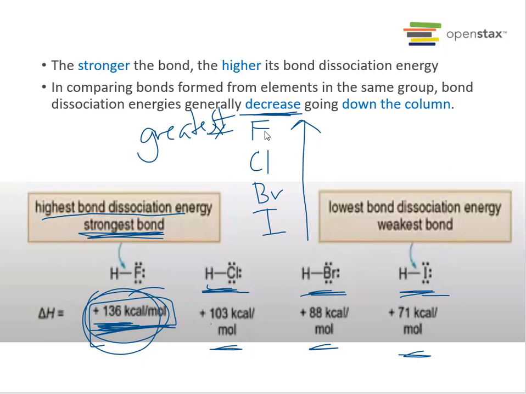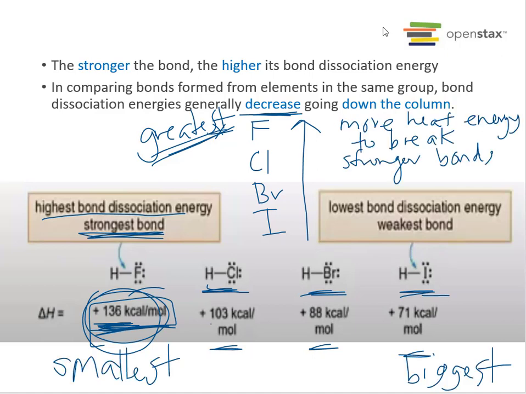So if we have the highest bond dissociation energy, it's going to take the greatest amount of effort to break that bond. It's going to take more heat energy to break stronger bonds. And so if we look at fluorine up here at the very top, and again, if we were to connect fluorine to hydrogen, chlorine to hydrogen, bromine to hydrogen, iodine to hydrogen.